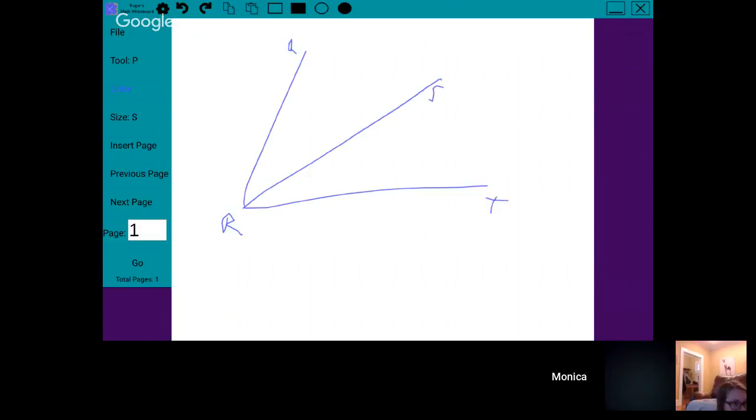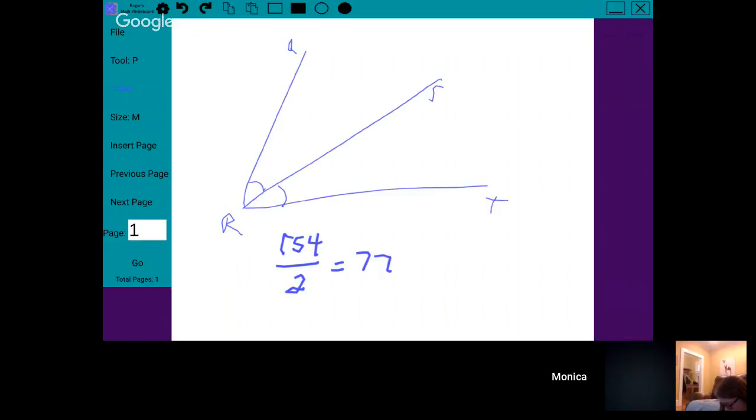So we know that the whole thing is 154 degrees, right? And if RS bisects it, that means this angle here is equal to this angle here. And so those would be 154 divided by 2, because bisecting means that it divides it evenly in 2. 154 divided by 2 is 77.